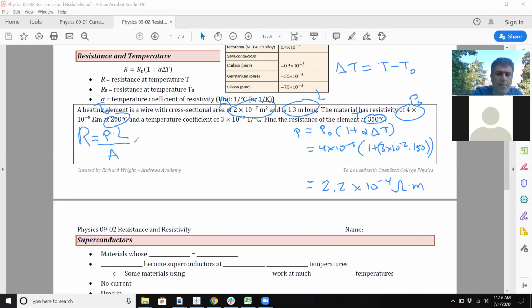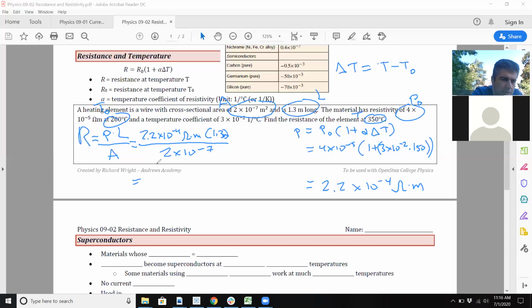And then we come back over here. R equals the resistivity times the length, which is 1.3 meters, over the area, which is 2 times 10 to the negative 7th. And you should get, that's 1.3 meters, by the way, and the units are correct there.